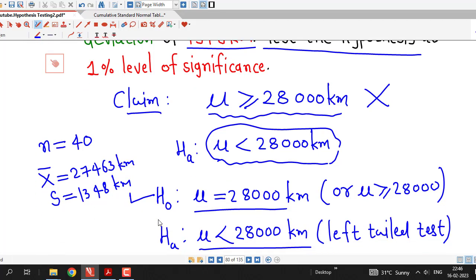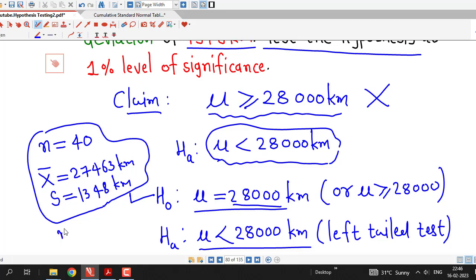So using this sample data, we have to test the null hypothesis that population mean is equal to 28,000 km, or average lifetime of certain tires is equal to 28,000 km.